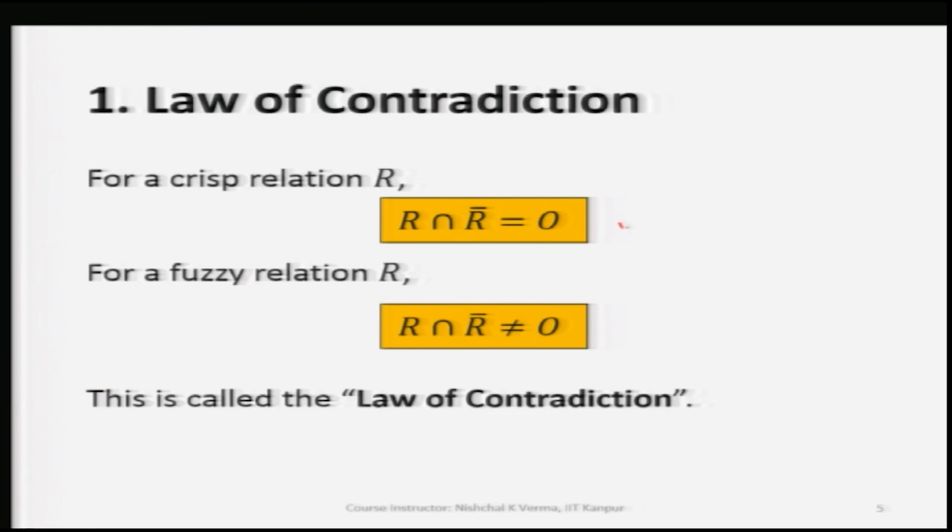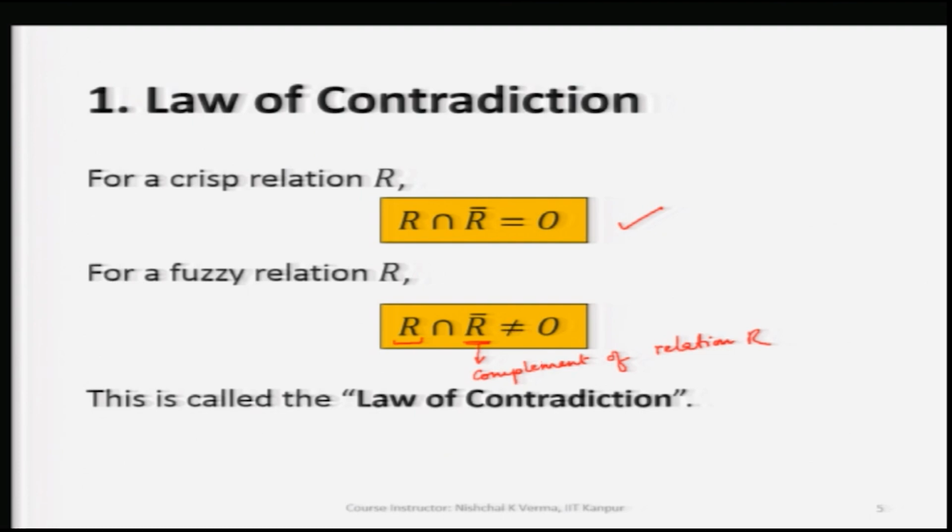But when it comes to a fuzzy relation, let us say we take some fuzzy relation R and then we take the intersection of R with its complement, the complement of relation R. If we take the intersection of these two, it is not coming as the null set.